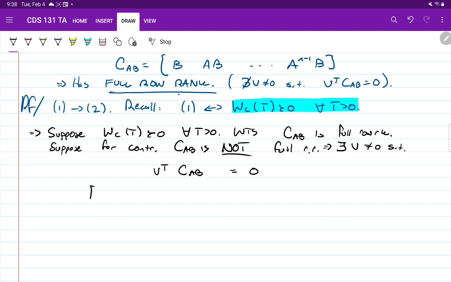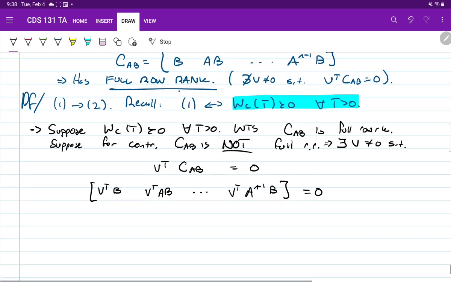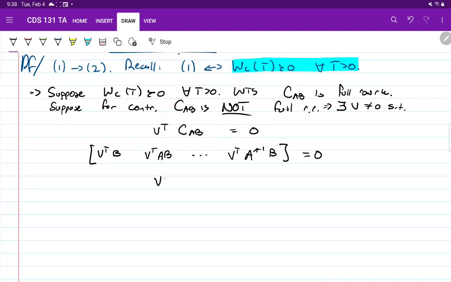So if we write this condition out, we multiply v transpose by all these different controllability entries, and get v transpose B, v transpose AB, all the way until v transpose A to the n minus 1 times B equals 0. What does this tell me? Well, this tells me that v transpose times A to the i times B equals 0 for all i equals 0 through n minus 1.